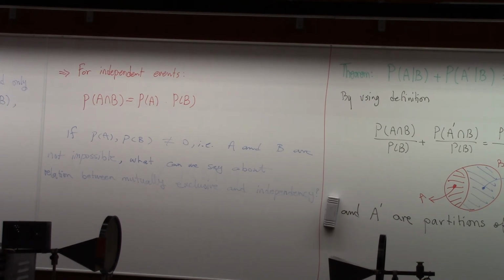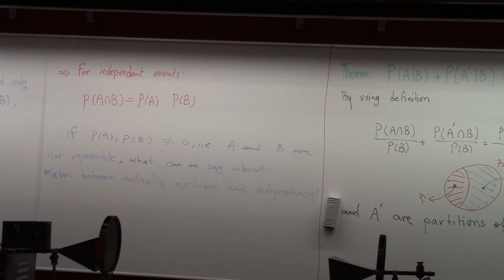Maybe we ask this question: what was mutual exclusive? They have no intersection. If there is no intersection between them, it means that they are mutually exclusive.